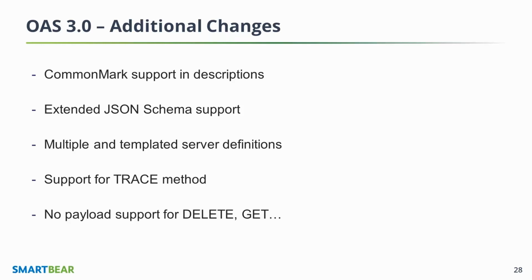We changed that to CommonMark, which is now becoming an official standard for Markdown, including GitHub are moving to that, or they have moved to that. So there is that. Extended JSON schema support, it's a huge thing, but in short, we added support for anyOf, oneOf, and not.